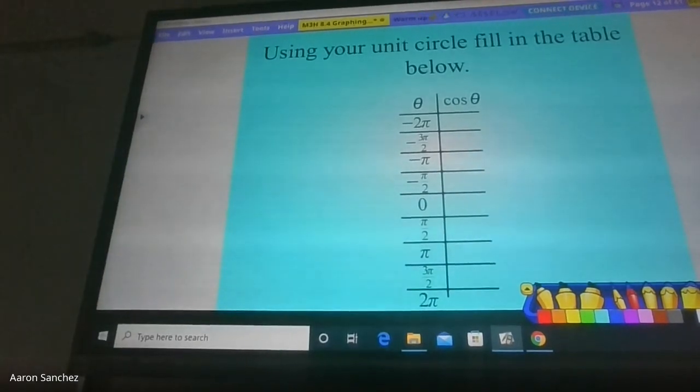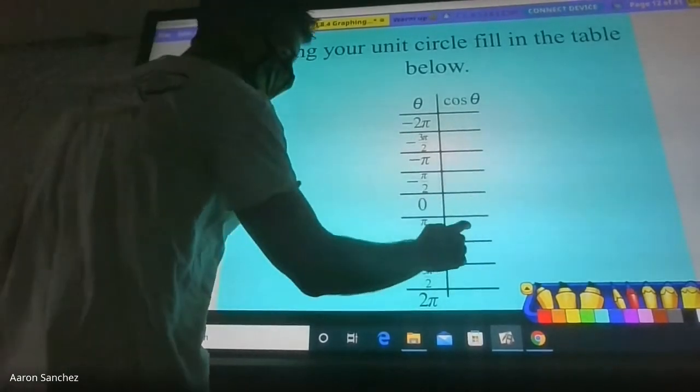It's on the top, right? You see the x and the y? Which one's x? 0. So that's your cosine, right? So all of these are 0.